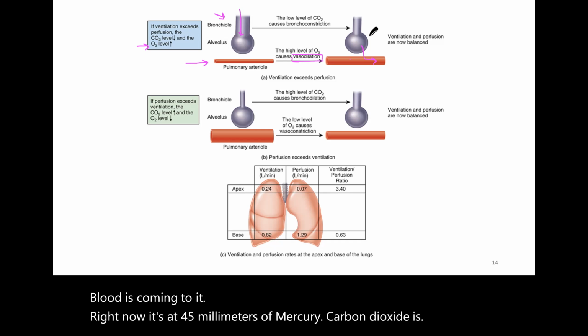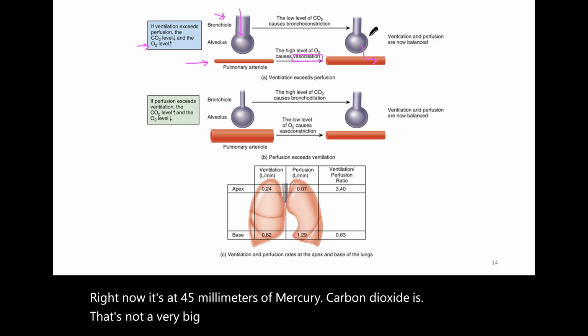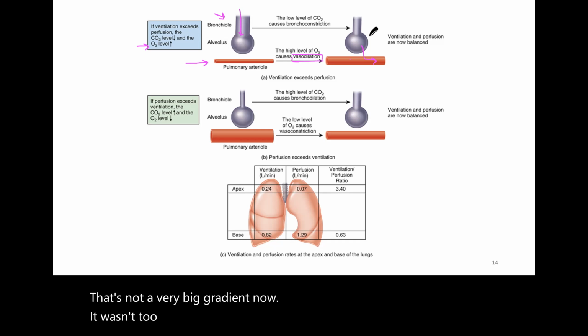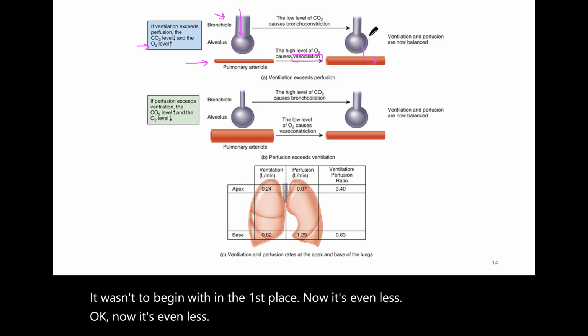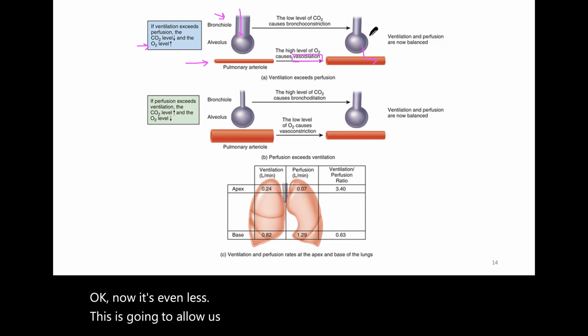That's not a very big gradient now. It wasn't to begin with in the first place. Now it's even less. This is going to allow us to reestablish that gradient, which is what allows oxygen and CO2 to easily go in and out.